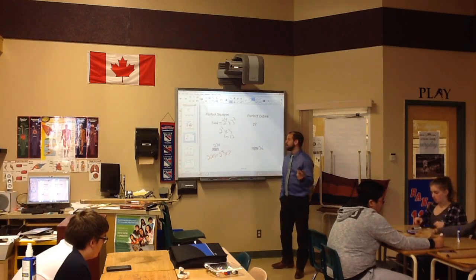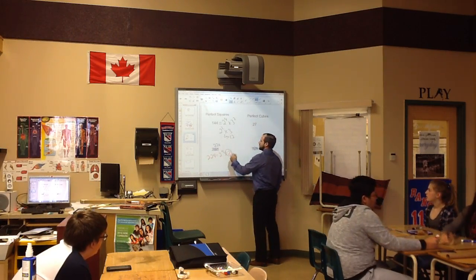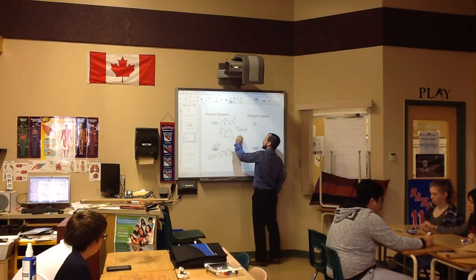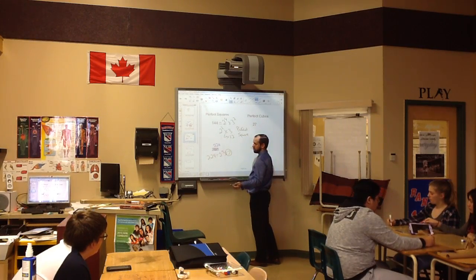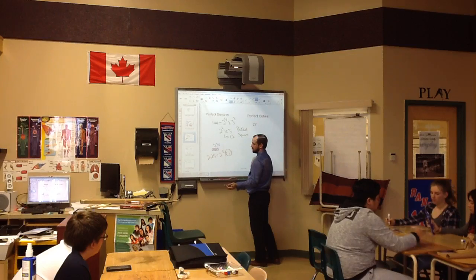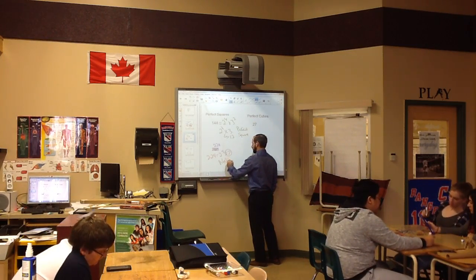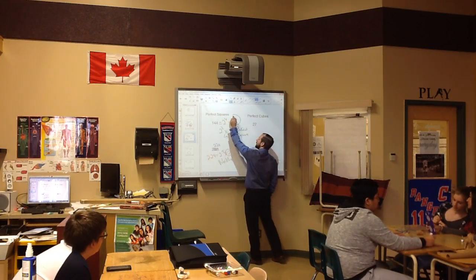The 7. Because the 7's here, so this was a perfect square. What's this one going to be? Perfect square? Perfect cube? Neither. Okay. So this was a perfect square.